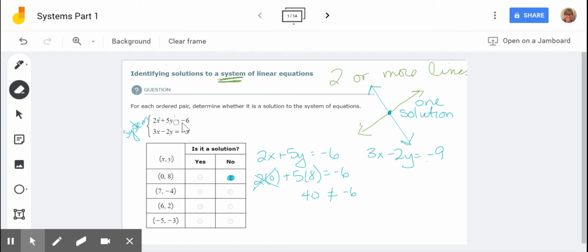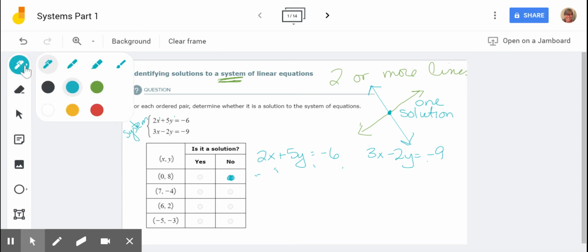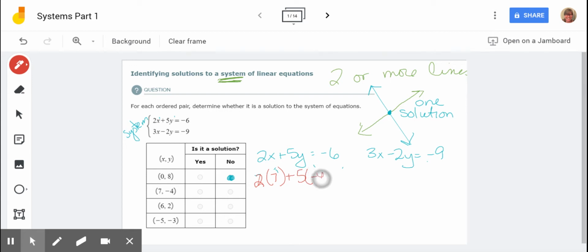Okay, so now we're going to plug in the second point, (7, -4). And you just proceed to do this for each point. So we're doing 2 times 7 plus 5 times -4.